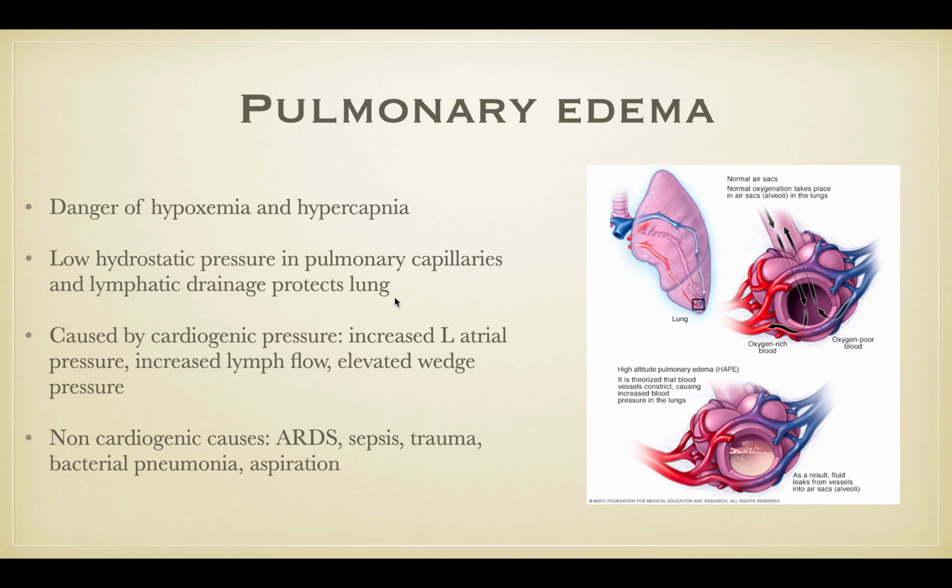lungs, and that's caused by cardiogenic pressure. So increased left atrial pressure will increase the lymph flow, and that will elevate the wedge pressure, and through a pressure gradient, it's going to drain. The problem is when there are non-cardiogenic cases, so adult respiratory distress syndrome, sepsis, trauma, pneumonia, and aspiration will cause pulmonary edema.